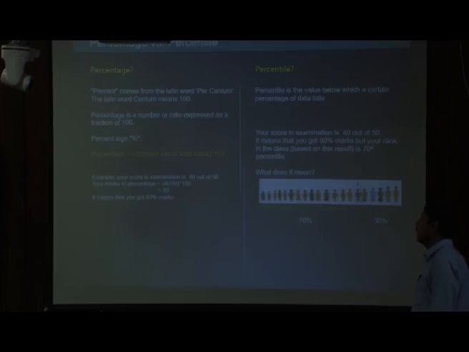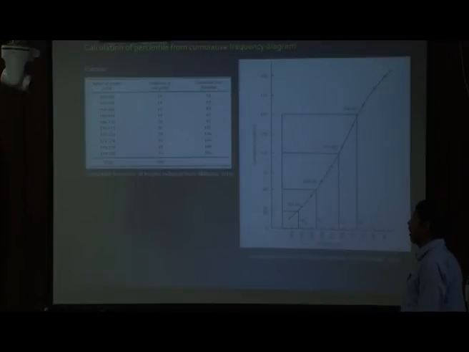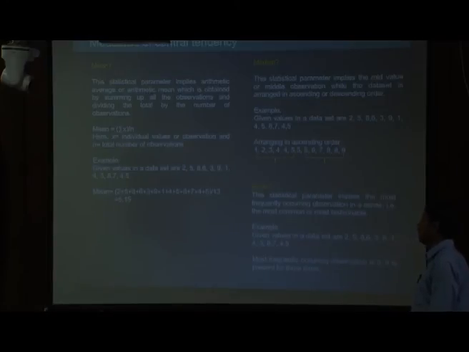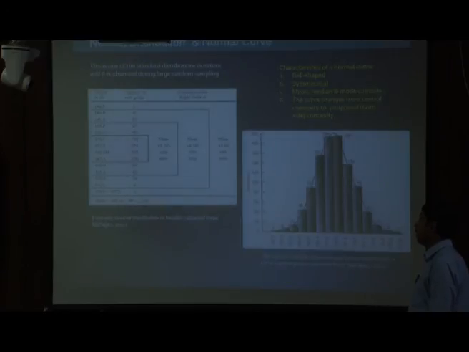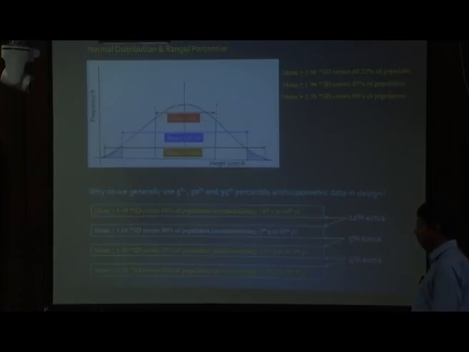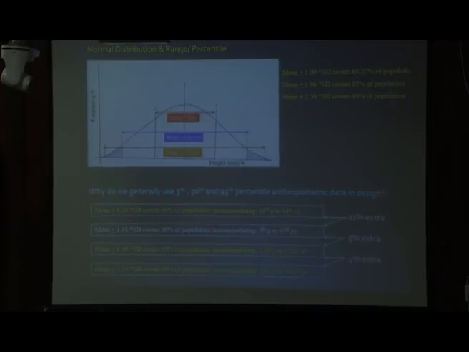We discussed percentage and percentile, how percentage is defined from percentile, how to calculate various percentile data, the measures of central tendency, what standard deviation is, what normal distribution is, what the normal graph is, and from the normal graph how we can calculate various percentile data. At the same time, we discussed why for various design purposes we use 50th and 95th percentile data.